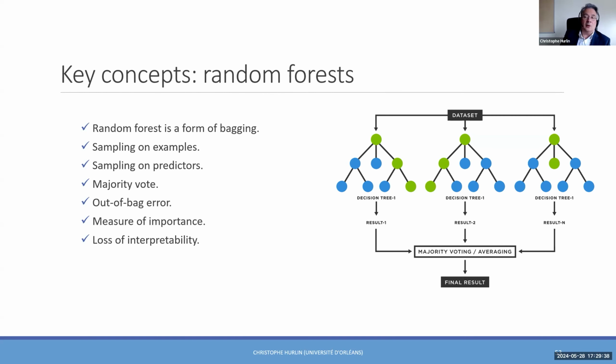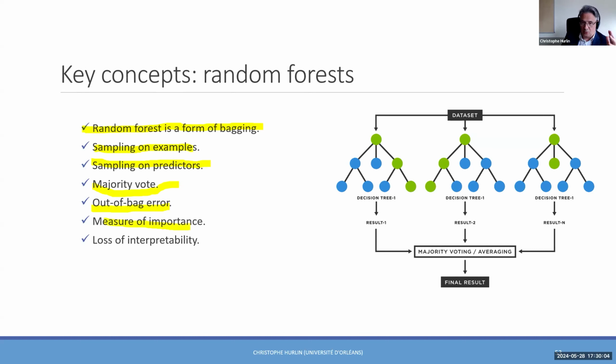If you have any questions, otherwise I will summarize the main concepts. Random forest is a form of bagging in which you have a sampling on examples, but also a sampling on predictors. You also have the majority vote. You can also determine an out-of-bag error.